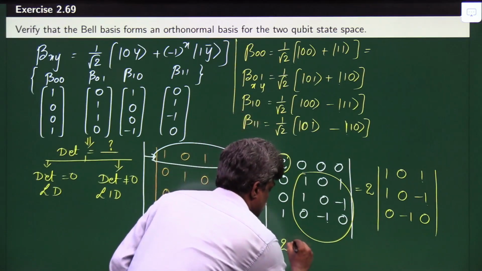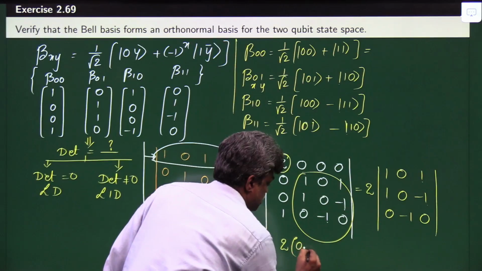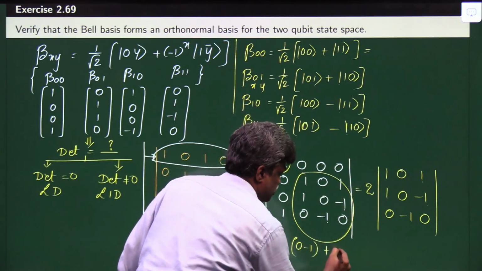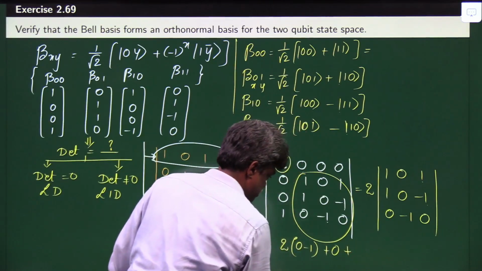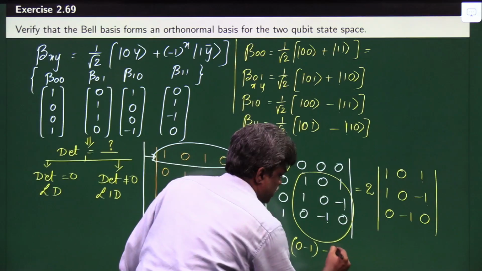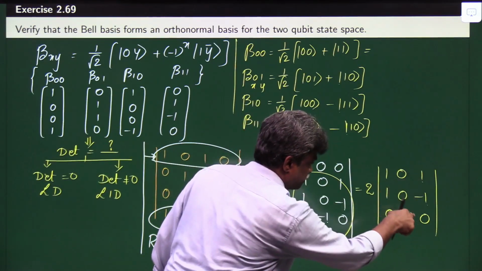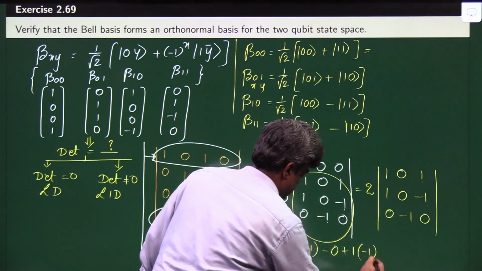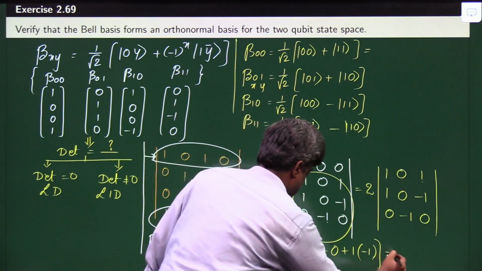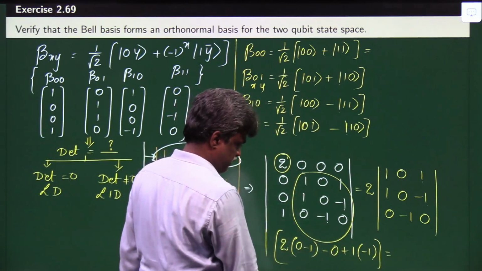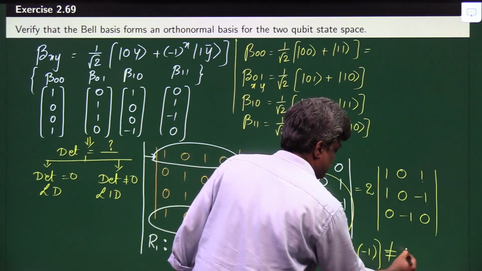So 2 into, expanding along this, I get 0 minus 1, and the next 0, and the next plus 1, and again minus 1. So here we got minus 2 and minus 1 something, but definitely this is not equal to 0.